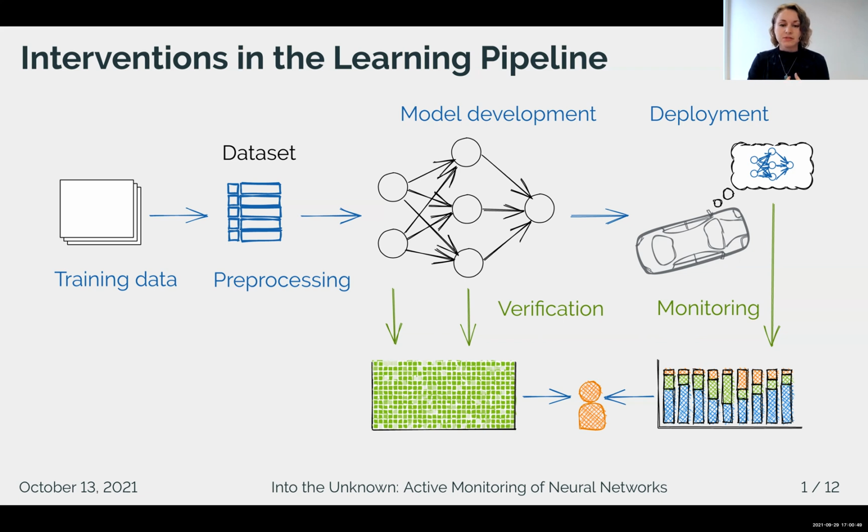Because if the neural network doesn't behave the way we want, we need to make sure that at least some behavior is safe until the neural network is retrained or incrementally trained to adjust to the novel inputs. So this is already a lot of things that we need to do when the neural network is deployed in the real world. And let's unpack what's happening here.